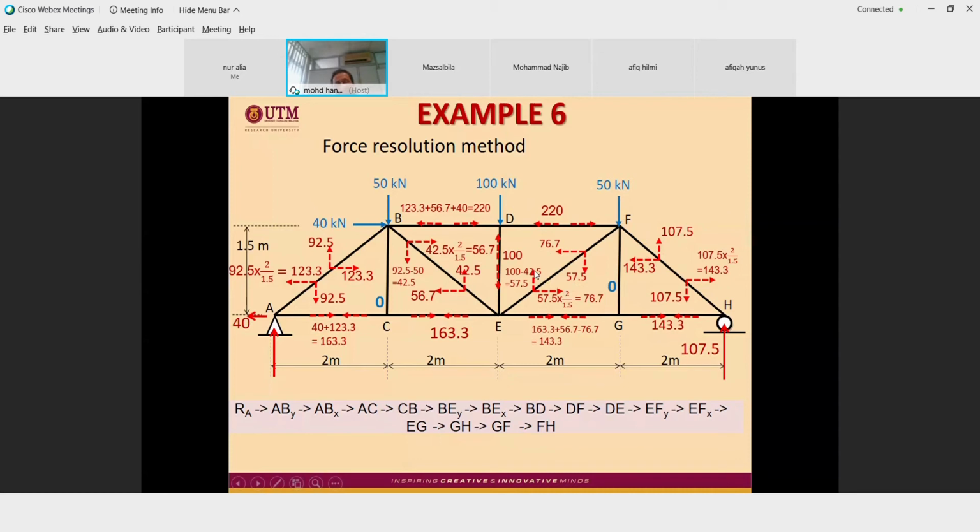I hope you understand. I don't know whether you have this figure or not. If you respond that you don't have this figure or this calculation, I can screenshot and WhatsApp it to you. Do you have this figure? No?